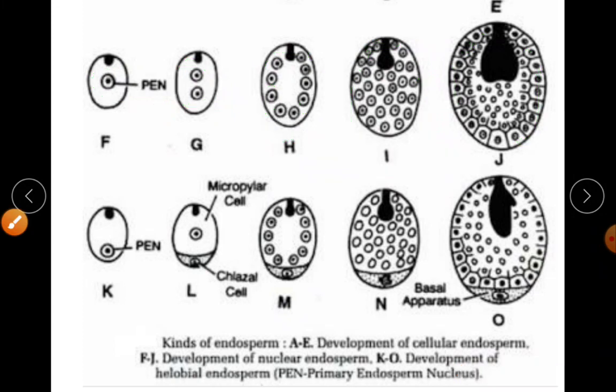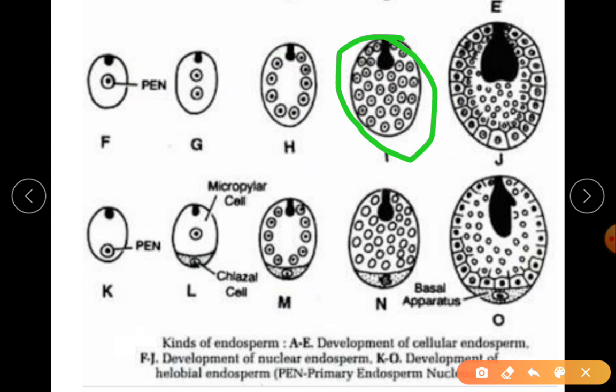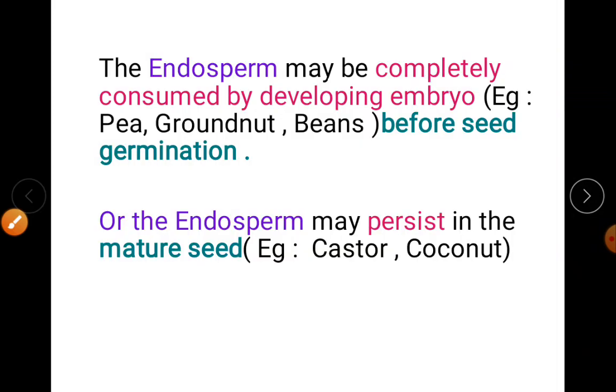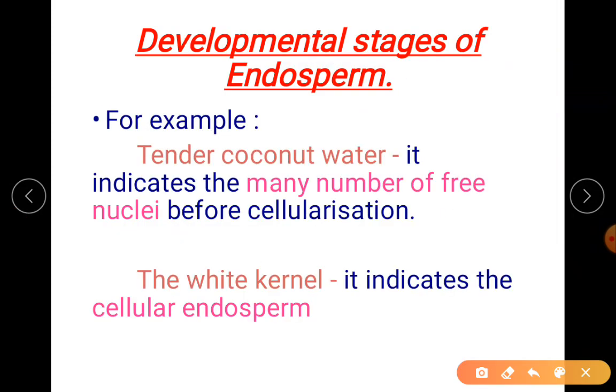Similarly, in your tender coconut, it is watery in nature. That is your free nuclei. Later, as time passes, it becomes mature. As the embryo also grows, you can notice the kernel getting thicker. We can't keep the tender coconut for many days; the kernel will definitely be produced.